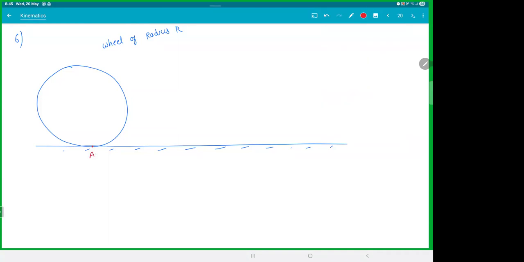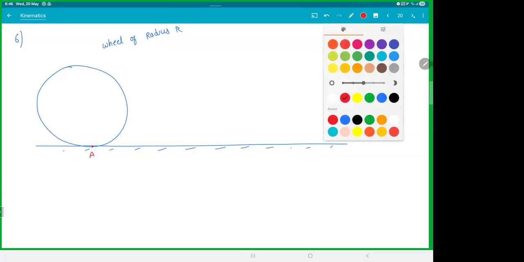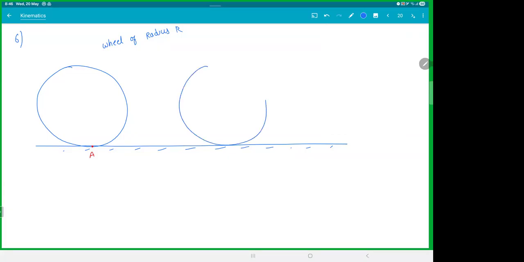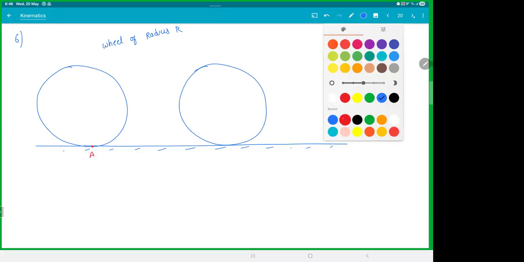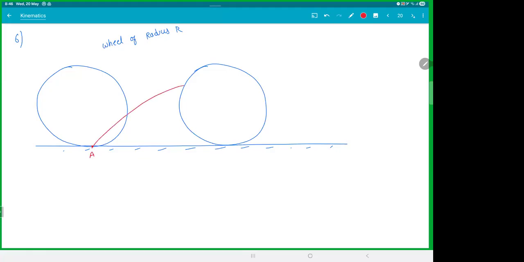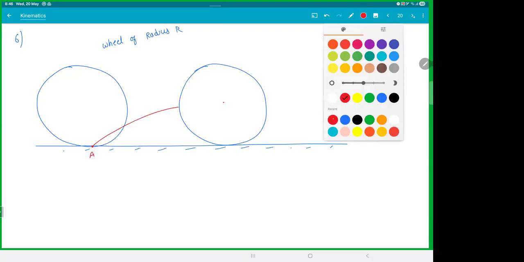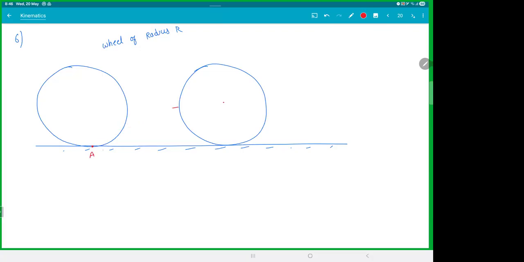There is a point A at the bottom of the wheel. So consider your cycle's wheel, okay? And let's say you tie a ribbon to one of the spokes. And the cycle starts going forward. If you observe this, you will notice this point will actually start going in some curve. So A actually goes something like this. I didn't draw it well, but yeah, A would travel something of this sort.